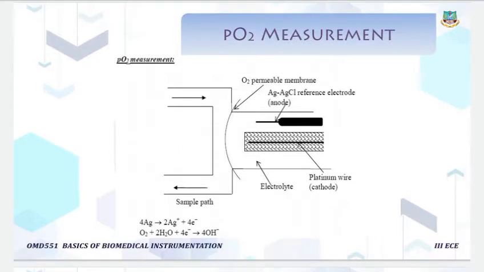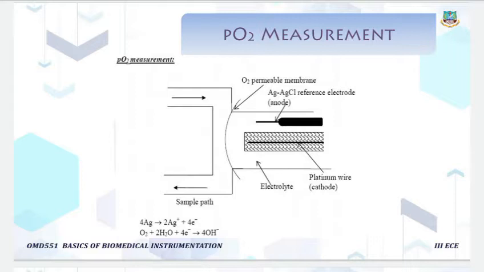Here the electrode system consists of two electrodes: a silver or silver chloride reference electrode, which acts as the anode, and a platinum wire, which is used as the cathode.